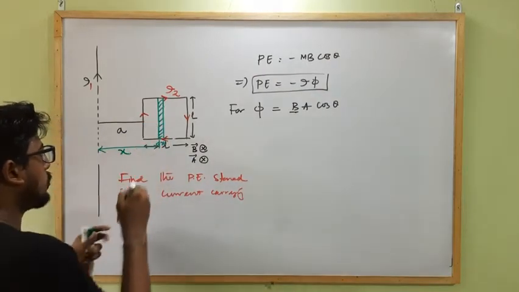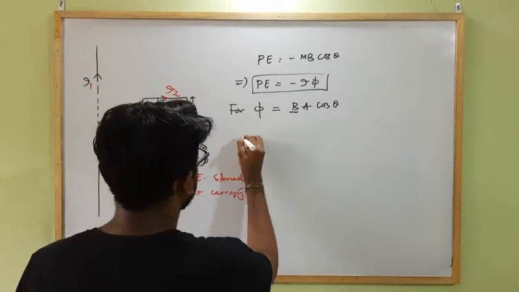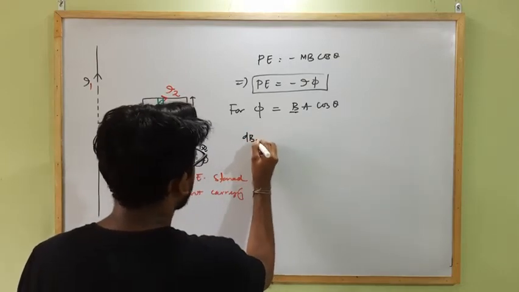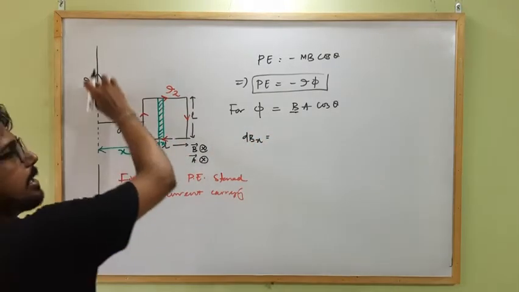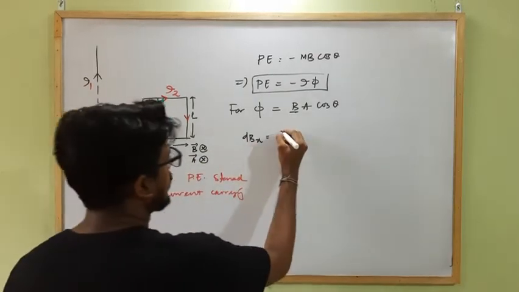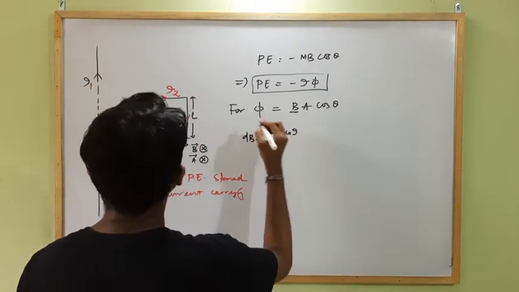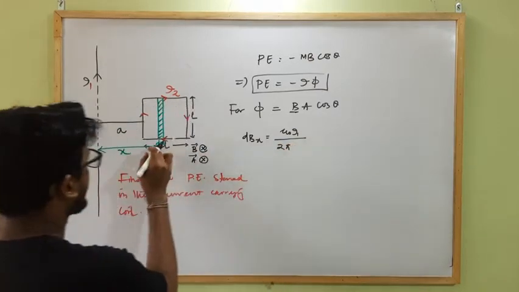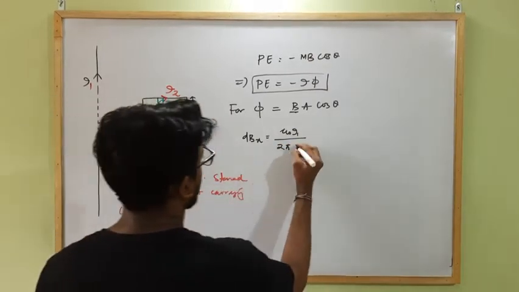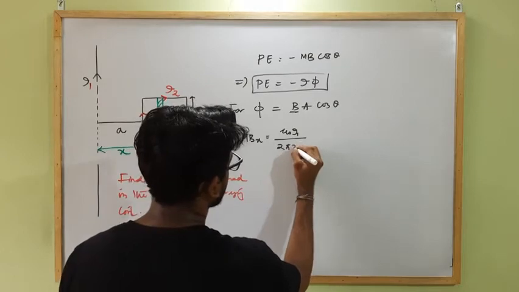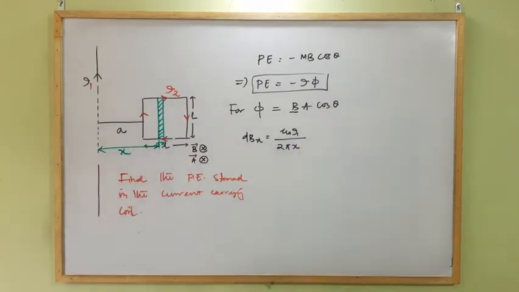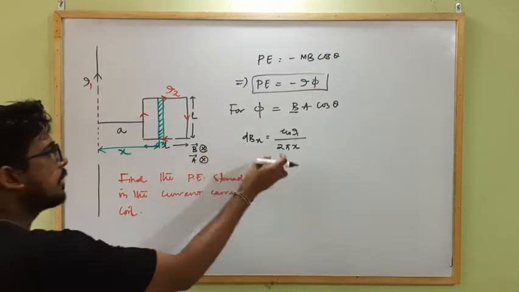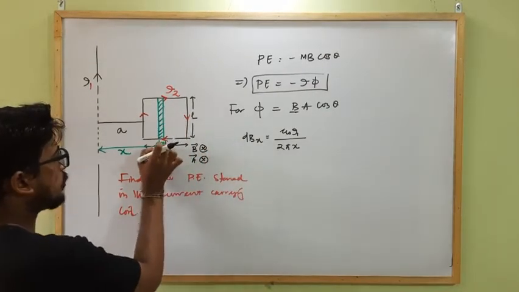So for this portion, the magnetic field strength dB at x can be written, as this is an infinite long straight current carrying conductor, as mu naught into the current flowing through it, I1, divided by 2 pi into the perpendicular distance x. Clear? This is the magnetic field strength at this portion.